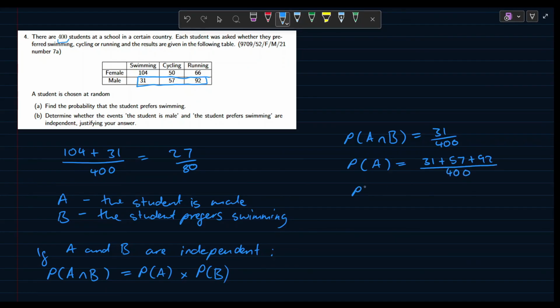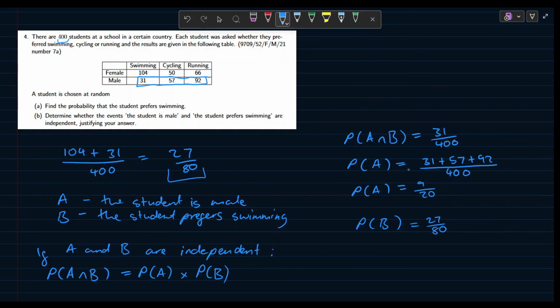So if we simplify this, the probability of event A, that's 31 plus 57 plus 92 divided by 400, that gives us 9 over 20. And event B, the probability that the student prefers swimming, we evaluated that in part A, that's 27 over 80.